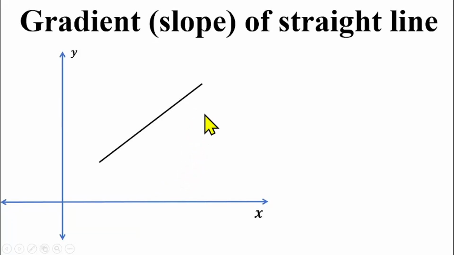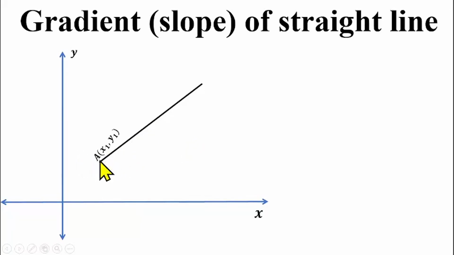Of course, what you will do is to first of all form a triangle with this straight line. Assuming you draw a graph of a straight line and you now want to find the gradient of that straight line, you need to form a right angle triangle with this straight line.